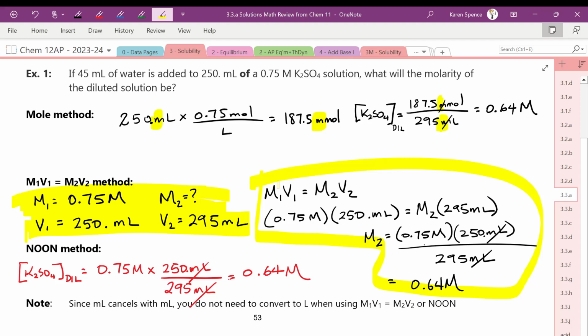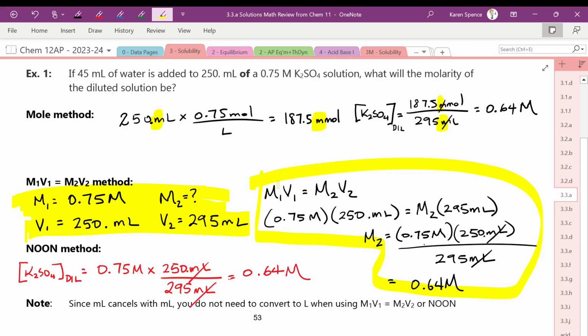Okay? And the little DIL at the bottom is a fairly standard way of saying this is my diluted concentration.